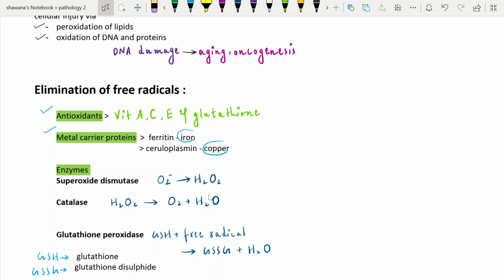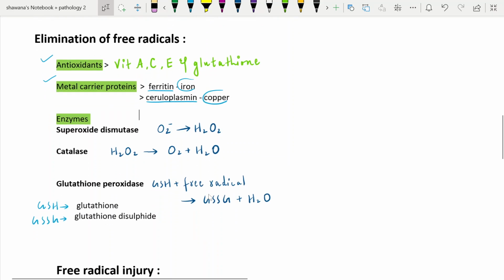So the protein which binds to the iron is ferritin, okay, and the protein that binds to the copper is ceruloplasmin, and these are high yield because these must be present inside the cell to bind these metals.